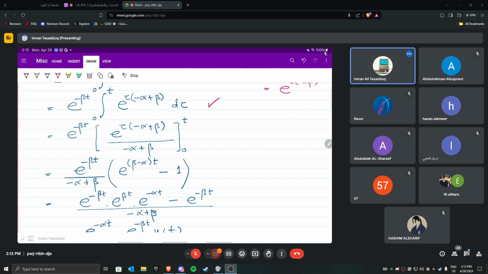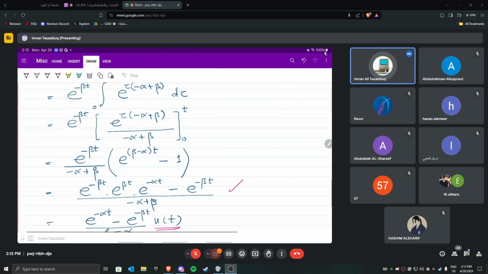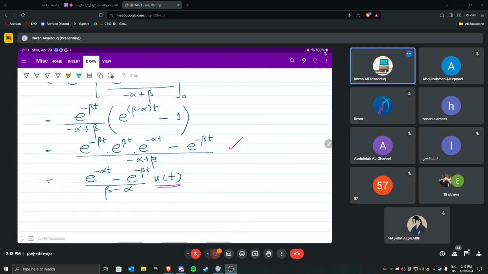This one. Okay, in this one, what is your question? Why do we put minus e to the power minus beta t? Okay, if you look here, this guy is multiplying this whole thing, right?